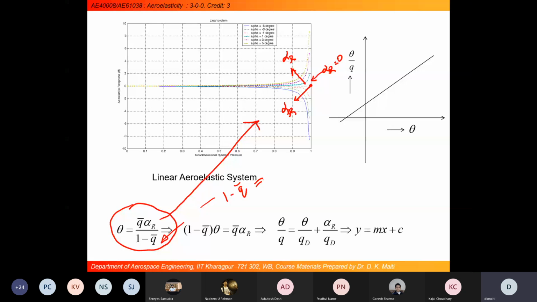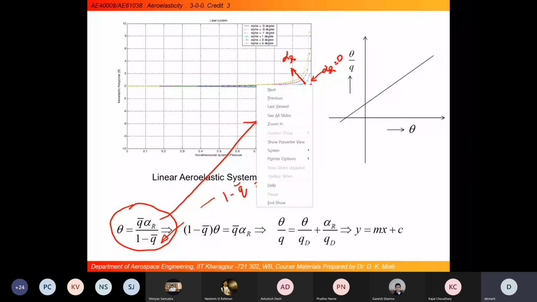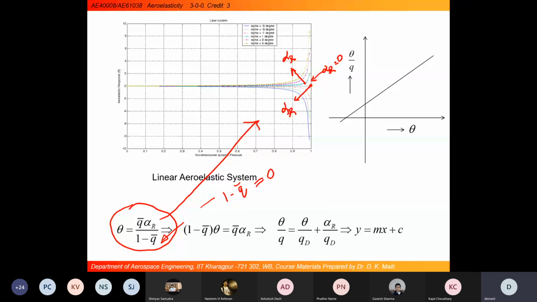And with an increased value of alpha r, we may get a deflection before it reaches the critical point. I have shown here how we can represent this curve. If we express theta by q equal to theta by qd plus alpha by qd, it is a typical linear equation, where I have expressed theta by q on the y-axis and theta on the x-axis.